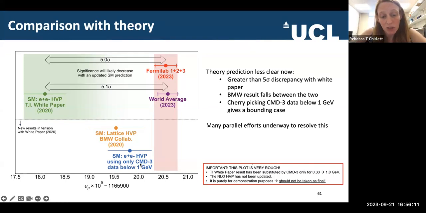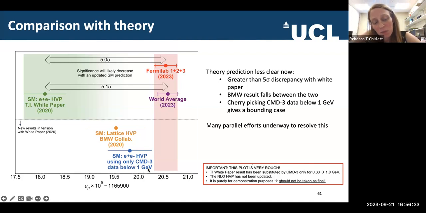But then we also have the complications from the new lattice calculation and the new CMD3 result. And so you can see in orange is just plotting the result that came from the BMW collaboration, which is much closer to the experimental value that we measured.